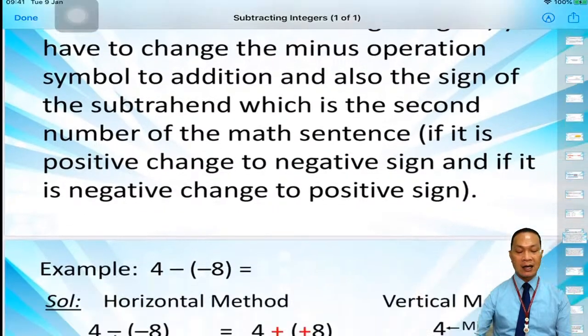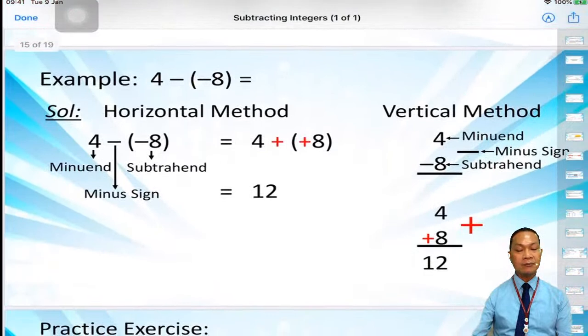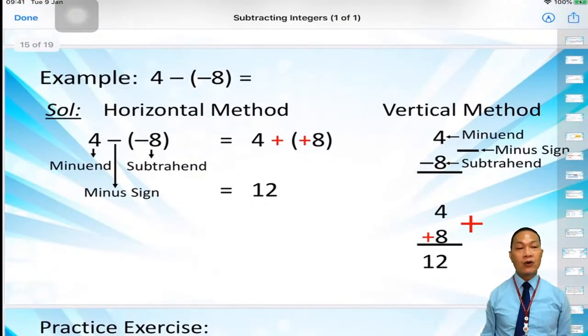Okay, next, let's have the example. 4 minus a negative 8. So I give you here two methods, the horizontal method and the vertical method in subtracting integers. So we have 4 is the minuend. This one is your minus symbol.